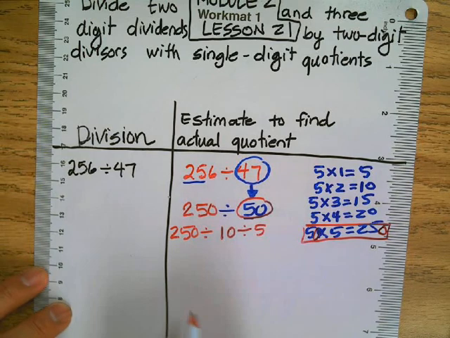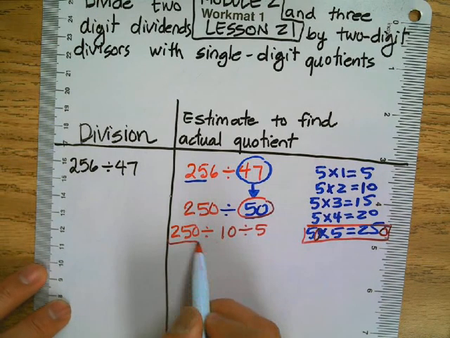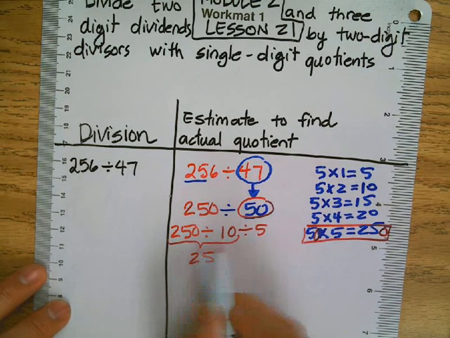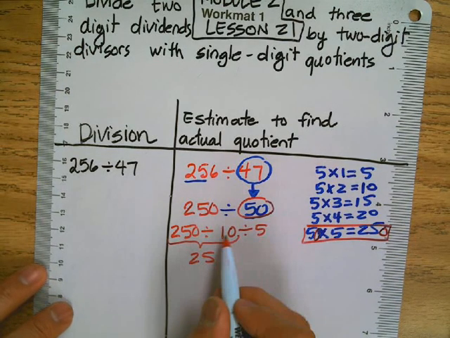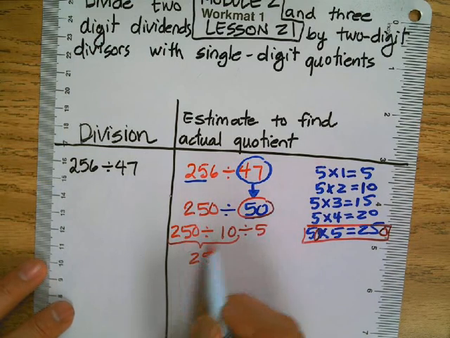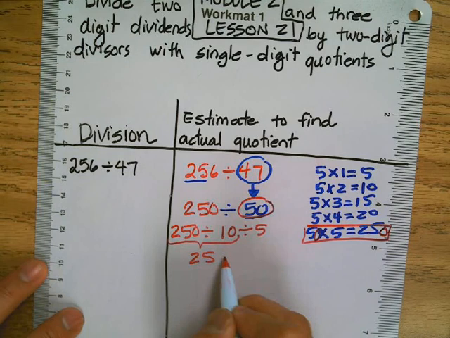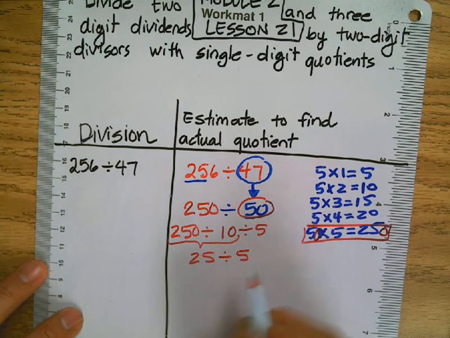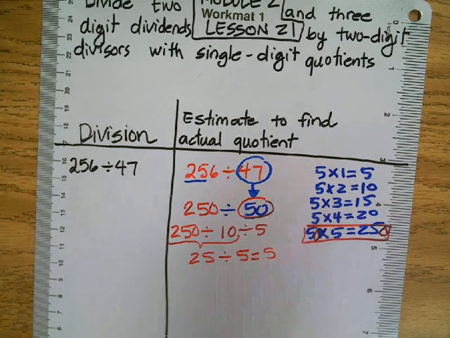So when you divide by the first number, the answer becomes 25, because 250 divided by 10 makes that 250 ten times smaller, and now the answer has to be 25. Now we still have to divide by the 5, so how many times does 5 go into 25? Well, 5 times, my friend.